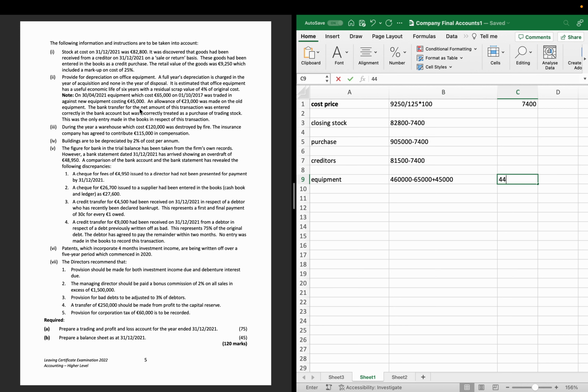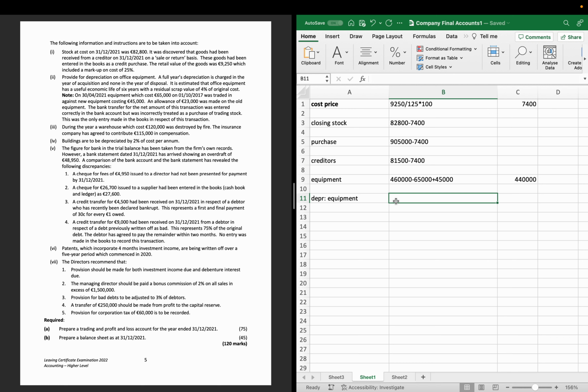So that's 440. Alright, when we depreciate equipment then, we're depreciating the 440 because there's no depreciation on the 65,000 because you sold it this year, but there's a full year's depreciation on the 45,000 because you bought it. So you're just following the instructions that you're given.